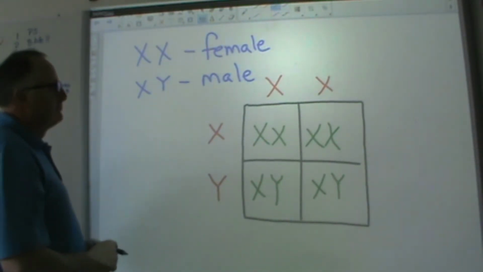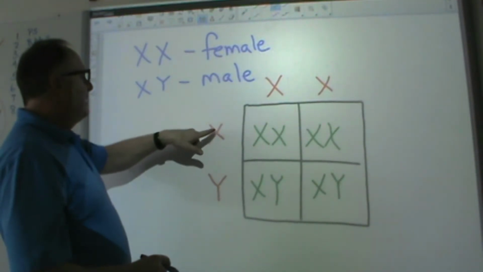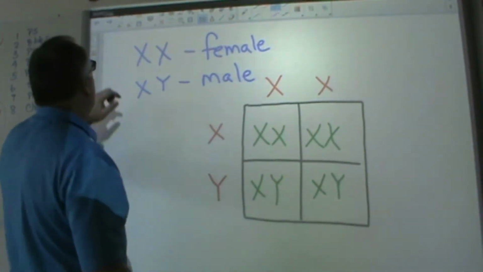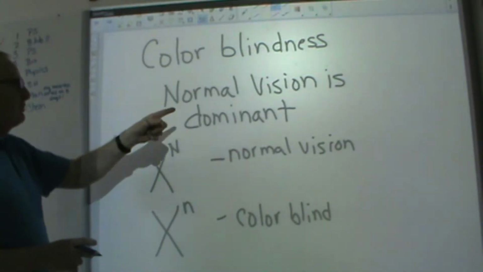23rd pair. Now if we have an allele that's linked to one of these, we write it as a superscript to that. For example, in color blindness, normal vision is dominant.